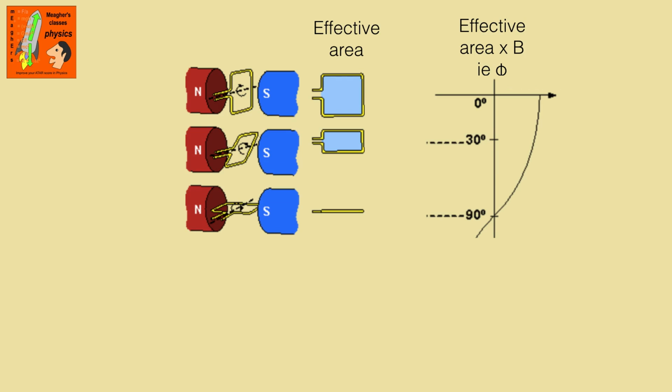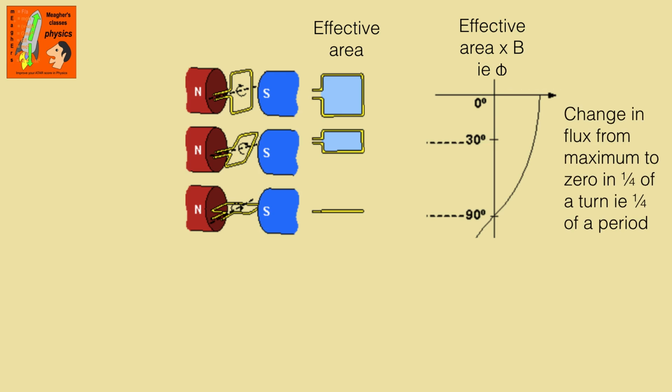Now that's the biggest change in flux that's occurring during the rotation, to go from maximum to minimum, and it does that maximum to minimum in 1/4 of a turn. So you're going from zero EMF to maximum EMF in 1/4 of a turn. If we want to see what the average EMF is, we could just consider that 1/4 of a turn.